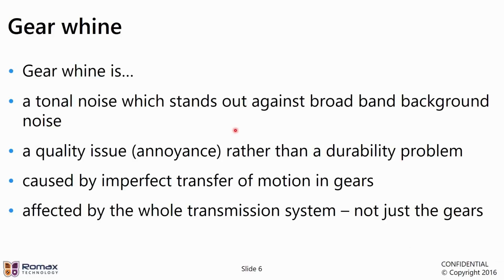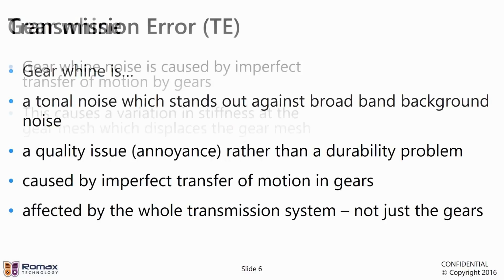Gear whine is caused by imperfect transfer of motion in gears, which we call transmission error, and that's what I'm going to talk about in just a second. But it's also important to understand that gear whine is not just about gears, it's actually about the whole transmission and driveline system. Because although the gears, as we'll see, are the source of the noise, the whole system actually plays a role in that process, and we need to be considering the whole system throughout our design and analysis and simulation of this process.